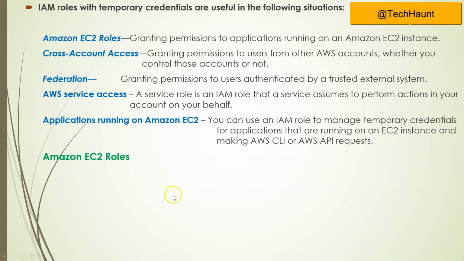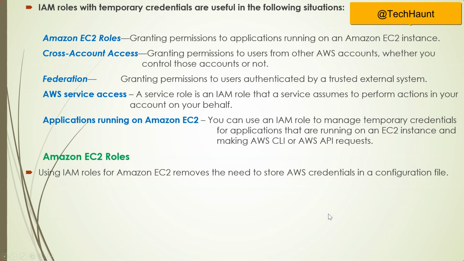Granting permissions to an application is always a tricky job. You need to understand what permission you have to assign to whom. It's tricky, but you must understand. Using IAM roles for EC2 removes the need to store your AWS credentials in a configuration file.